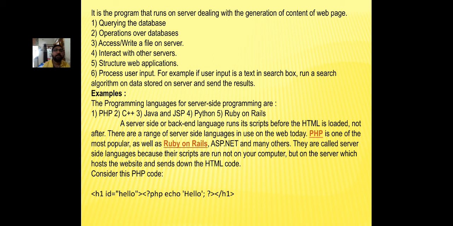PHP is one of the most popular, along with Ruby on Rails, ASP.NET and many others. They are called server-side languages because their scripts are run not on your computer but on the server which hosts the website and sends down the HTML code. Consider the PHP code here.